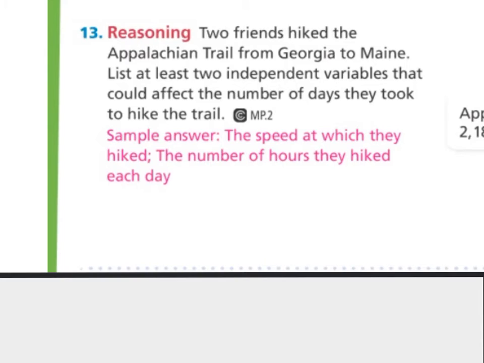Other things that are going to affect this, which kind of plays into our speed, would be the weather, like if it's nice weather versus if it's raining or snowing. And then also the terrain.